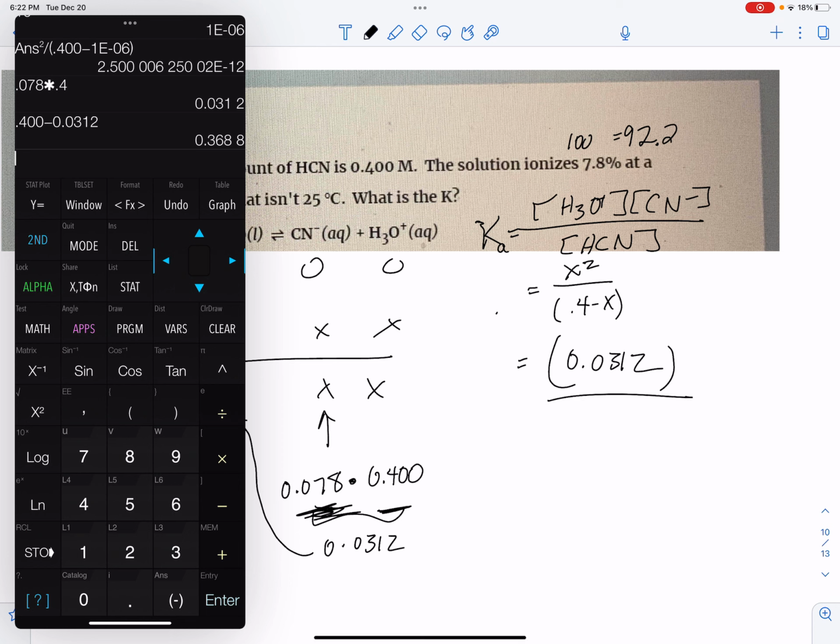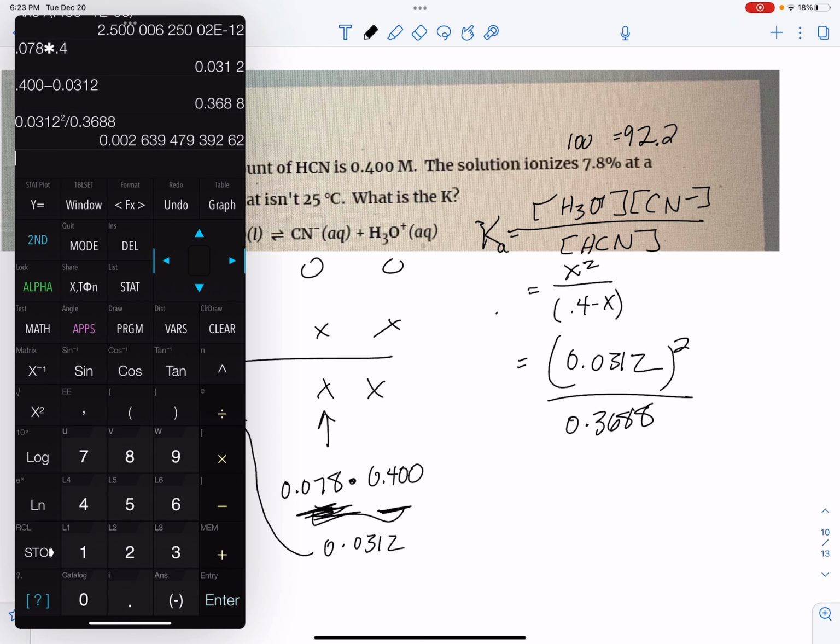But I have what that whole term is because I just subtracted. So that whole term is that 0.3688. So I'm just going to say this number squared divided by, and I'm tapping the other number, gives me 2.6 times 10 to the negative third.